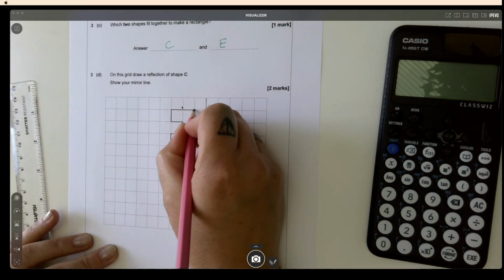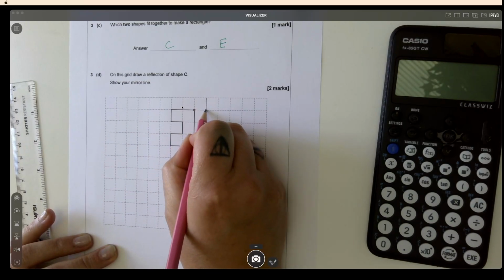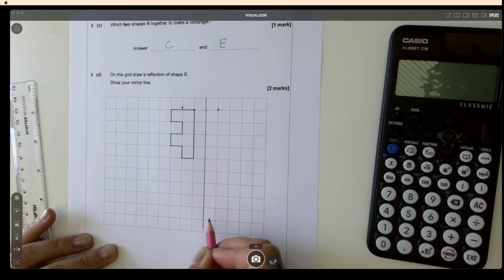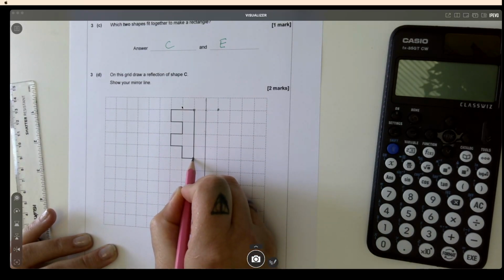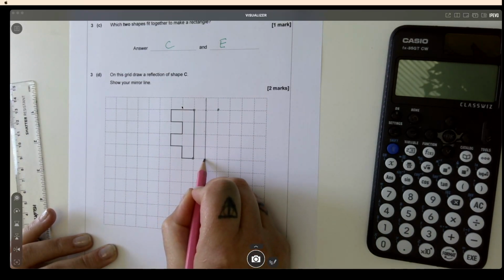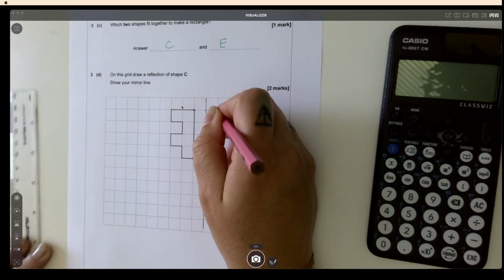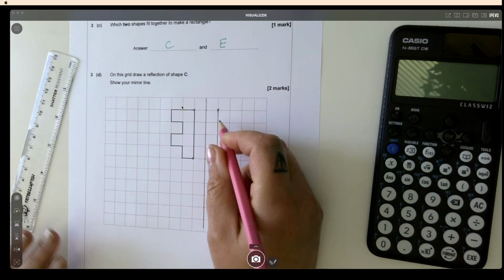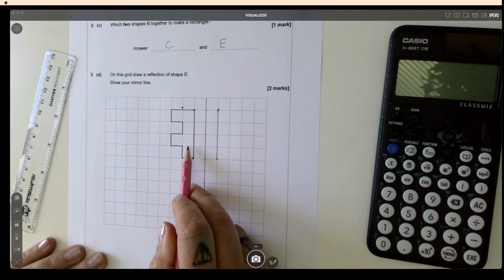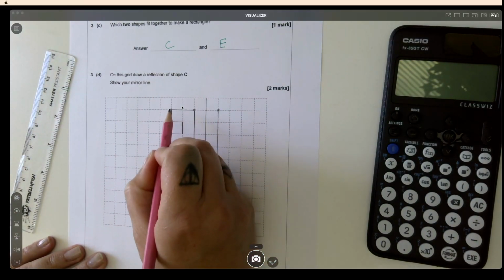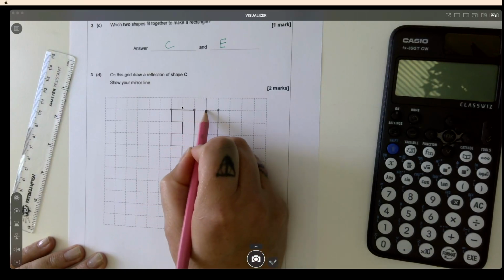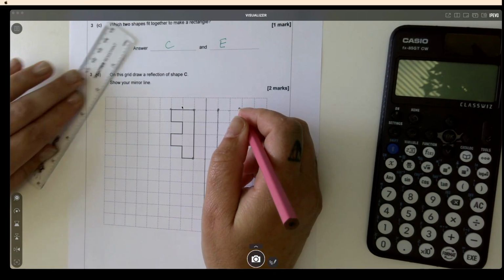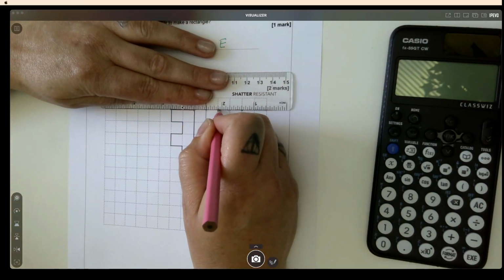If I take this corner of the shape, it's one square away, so it needs to be one square away on the other side of the line. If I take this corner of the shape, one square away, so it needs to be one square on the other side of the line. So I can then draw the first part of my shape. This next one is 1, 2, 3 squares away, so 1, 2, 3 squares away for that top side.